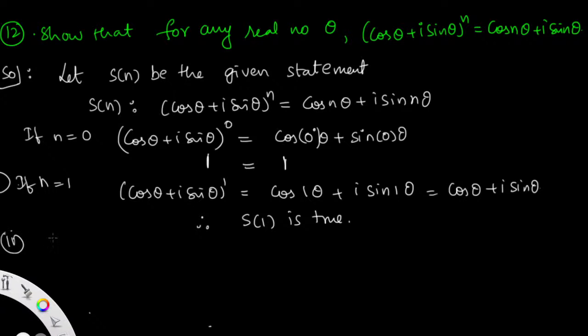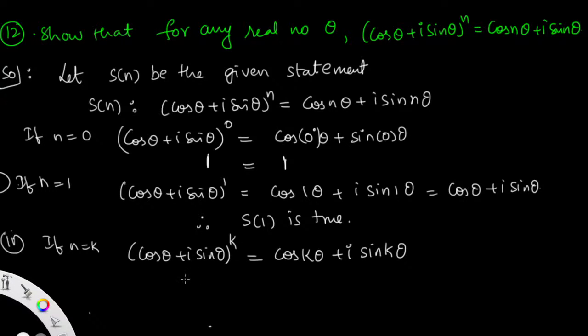Next, if n equal to k, suppose we assume S of k is true, that is (cos theta plus i sin theta) to the power of k equals cos k theta plus i sin k theta.